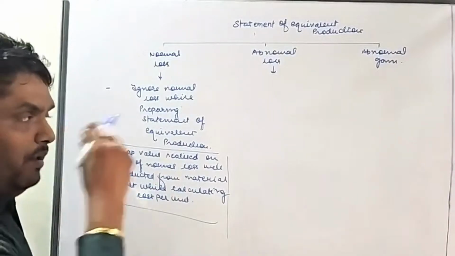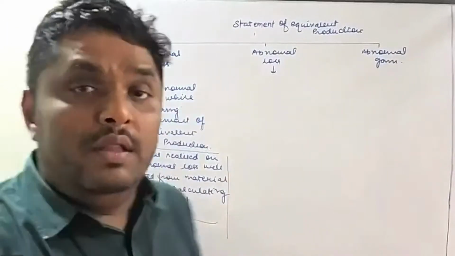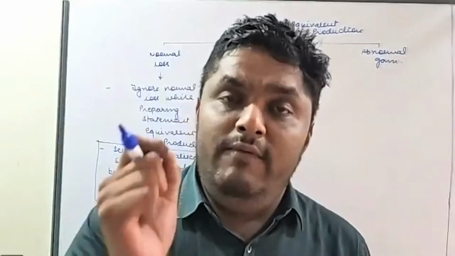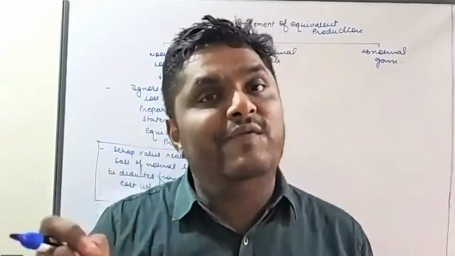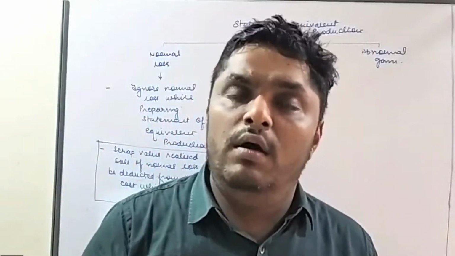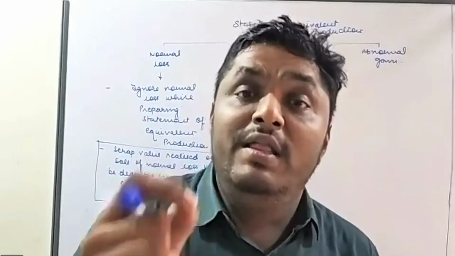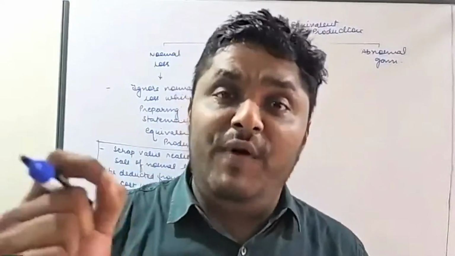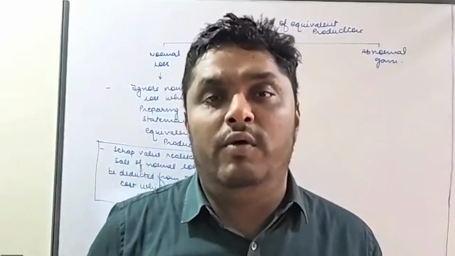When talking about the abnormal loss, very important, guys. Yes, we have to consider abnormal loss in the statement of equivalent production. Further, the percentage of completion of abnormal loss will always be given in the question.